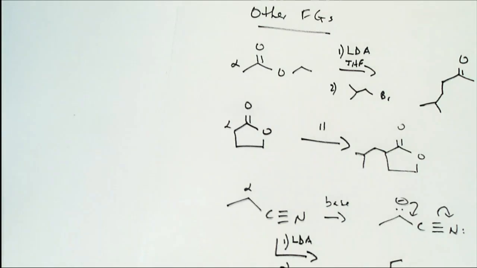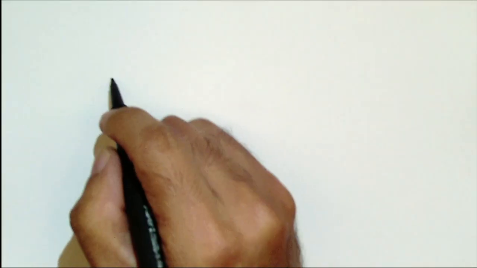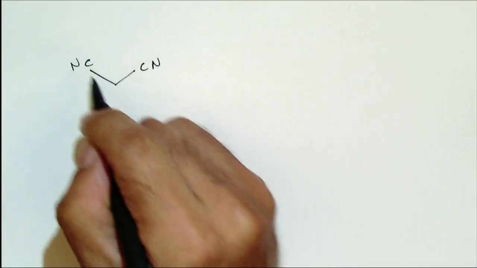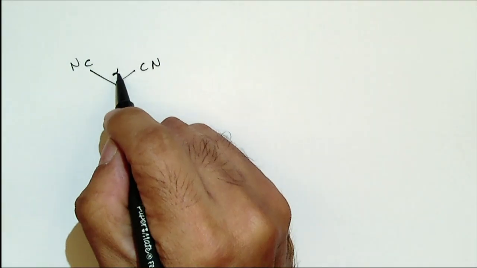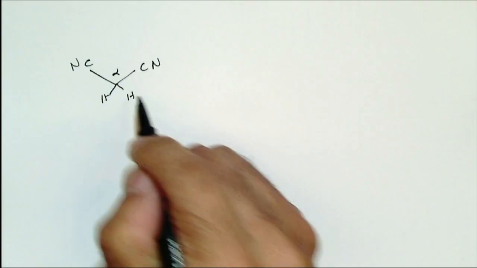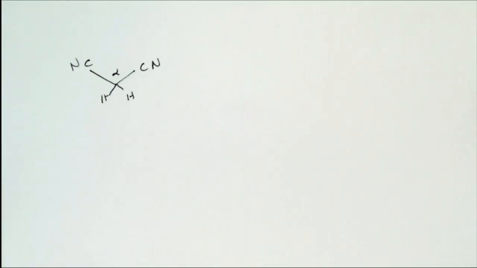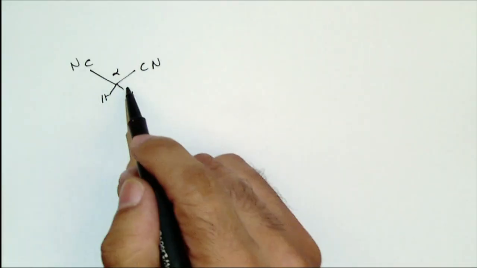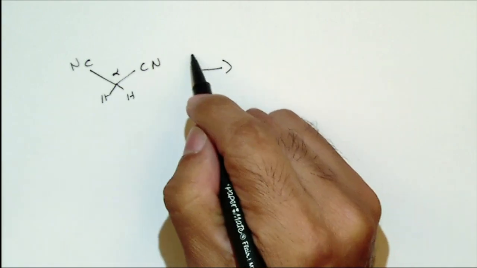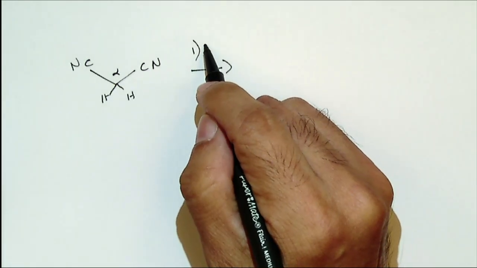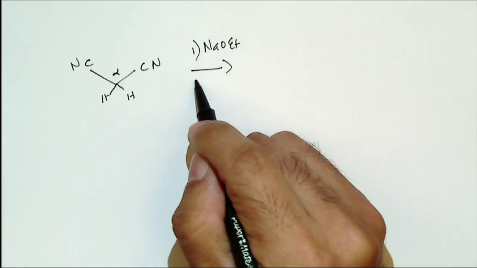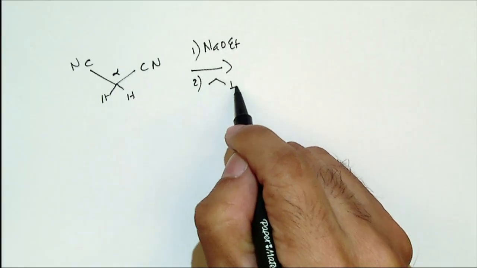And just like we had the malonic ester and acetoacetic ester situation, there is nothing, of course, preventing us from having this situation where the alpha carbon here, which has 2 protons, is highly acidic because if you deprotonate, you can form 2 resonance structures. So for example, if I were to treat this with sodium ethoxide, and then I add, let's say, iodoethane.